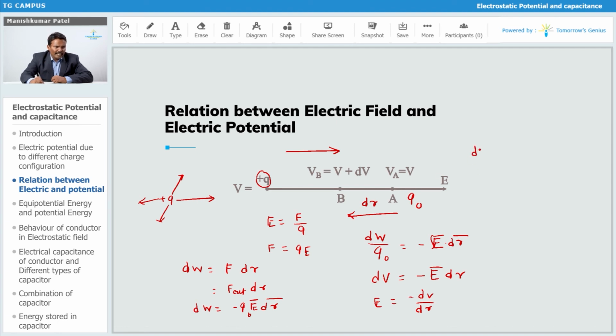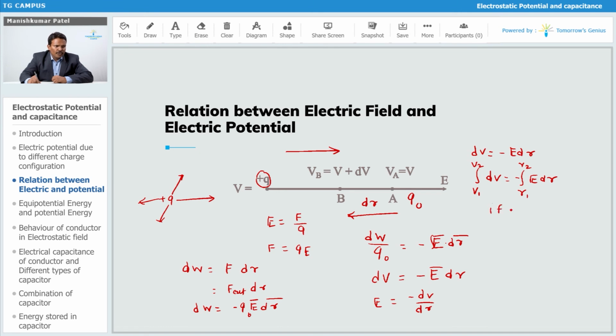Further, you can write this dV is equal to minus E into dr. If you consider the potential between the 2 points, then it is the integration from V1 to V2, and that is minus integration of E into dr. So you can just take the position vector from R1 to R2, and this change in potential is from V1 to V2.